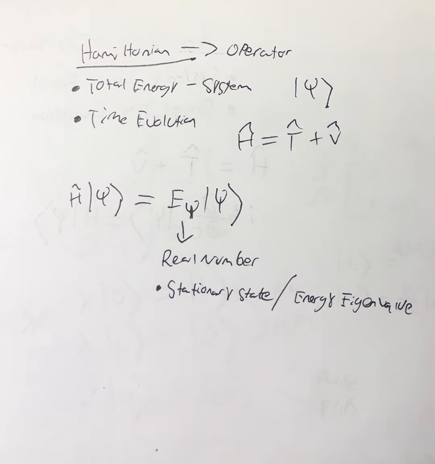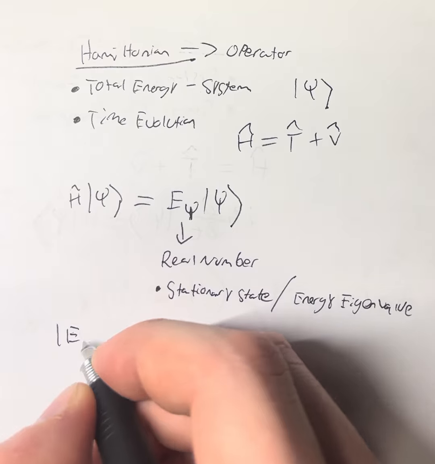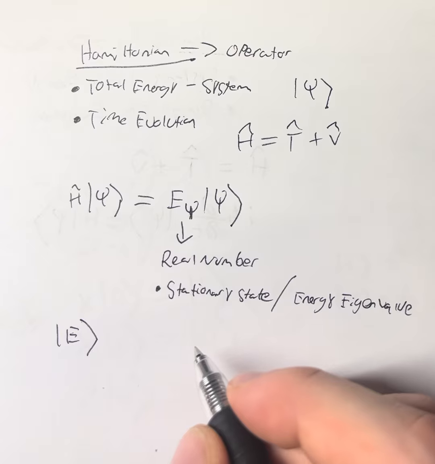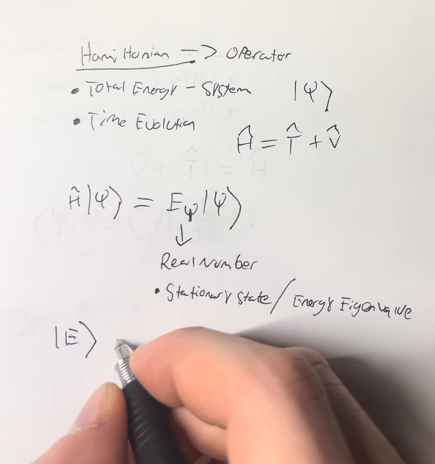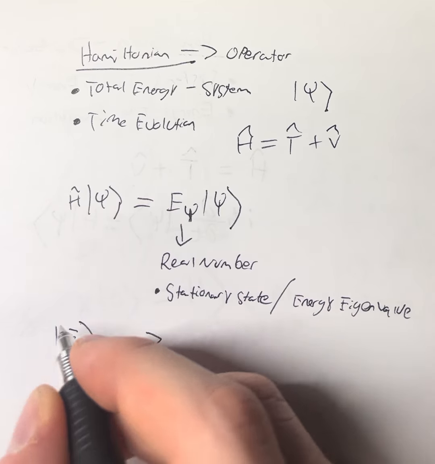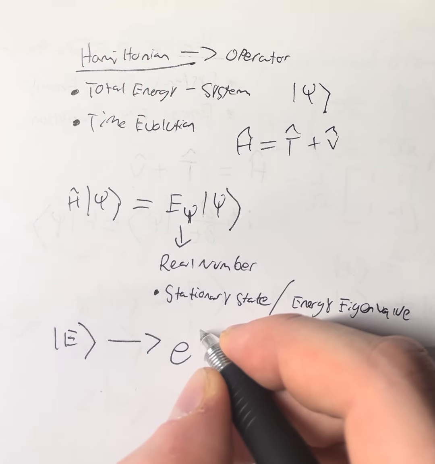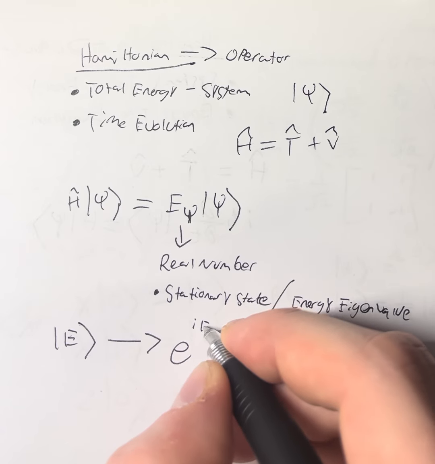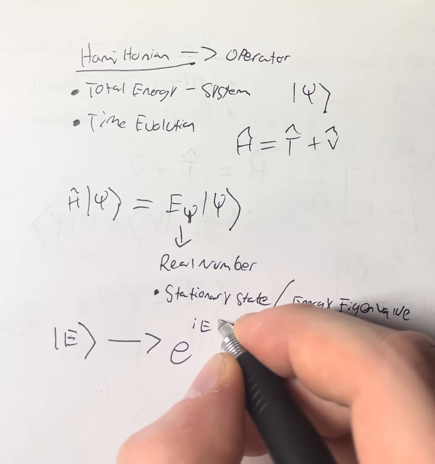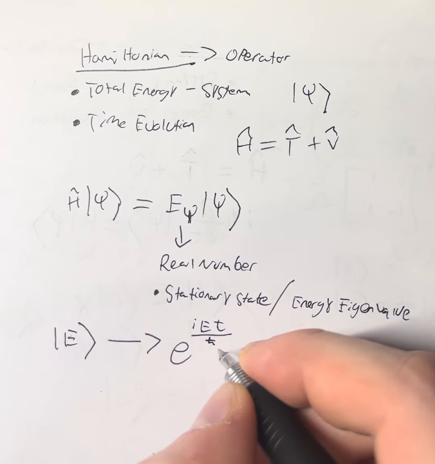Now, if we want to do evolution over time, that just brings in another factor. Your energy at that fixed point in time then transforms, if we're going from a stationary state, to e to the power of i E t over some constant.